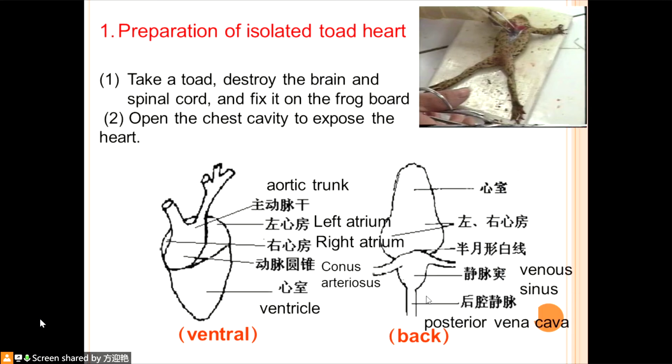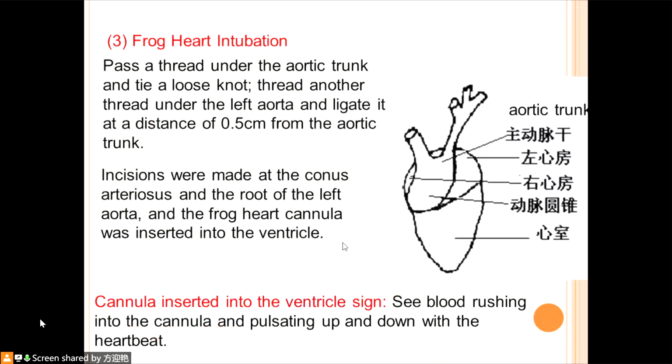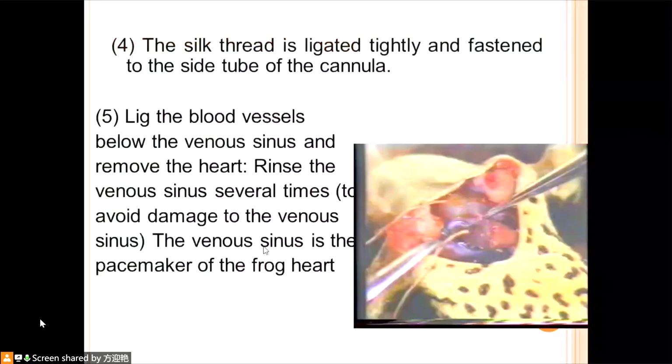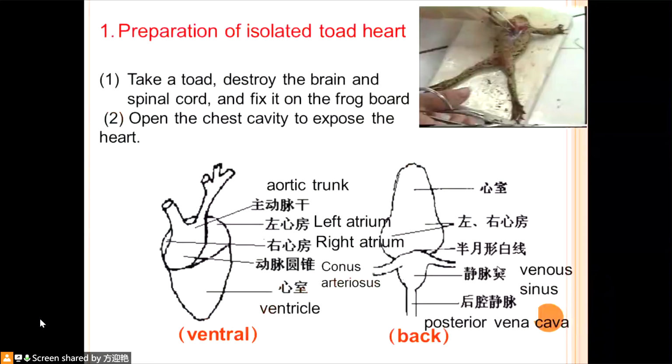I hope you know that the venous sinus is very important, because the venous sinus is the pacemaker of the frog heart. It means the heart has automatic rhythm, automatic abilities. Even without stimulation, it can be excited and contract by itself, because that is the pacemaker.